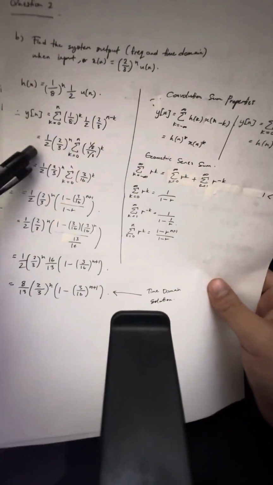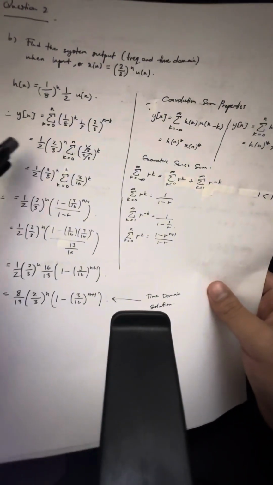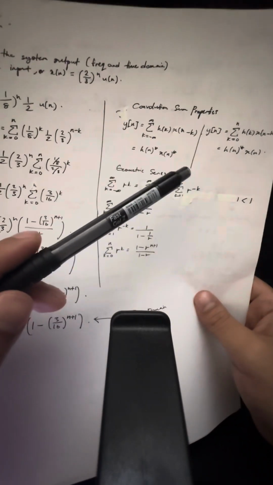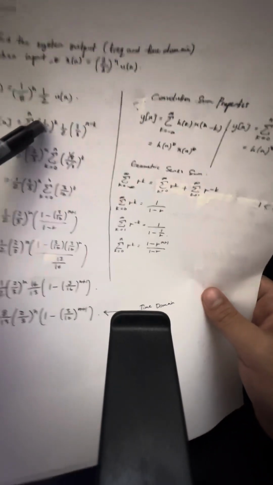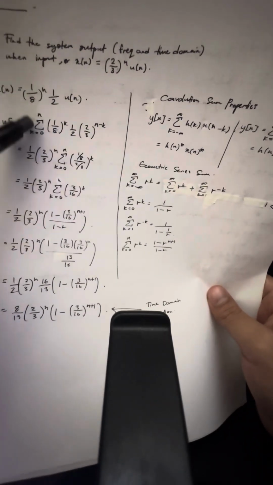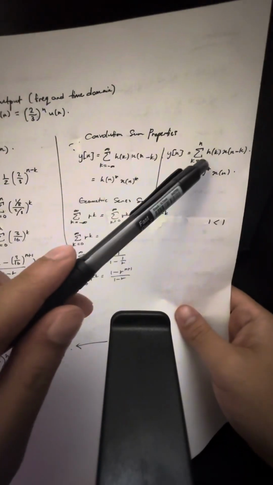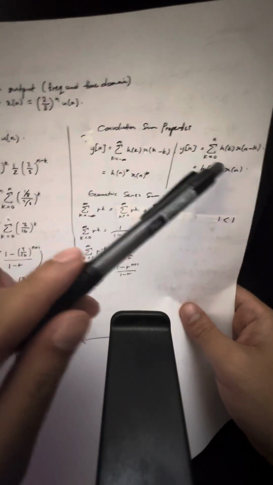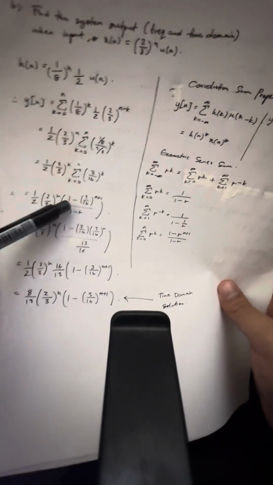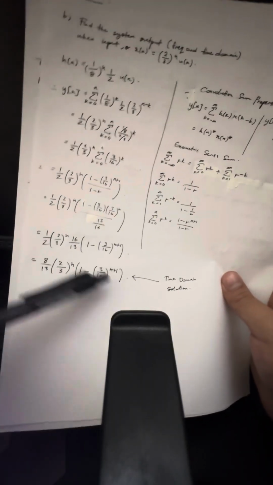We plug in h of n, which is 1 over 8 to the power of n, and x of n minus k, using k as the index. Then we do some algebra and have this final equation for the time domain solution.